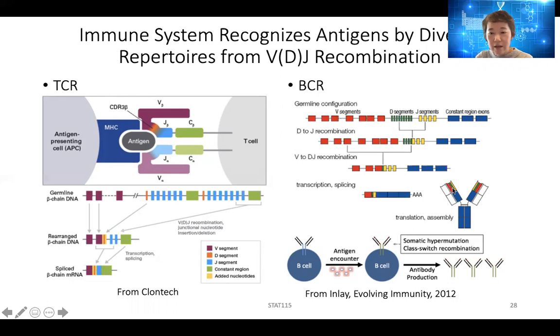You can see here, these are what we call hypervariable regions, and they are responsible for recognizing the antigen. Interestingly, in the T cells, once the T cell recognizes the antigen, it will clone itself. They make multiple copies of themselves. It will get activated, and it will also start the killing effect, which is secreting cytokines, and also trying to punch holes in the cancer cell and kill the cancer cells.